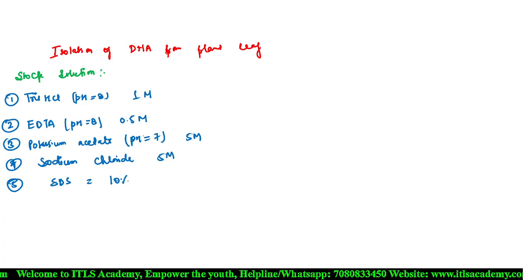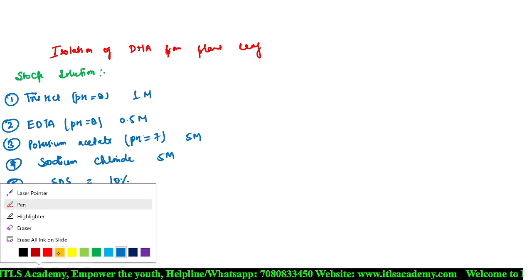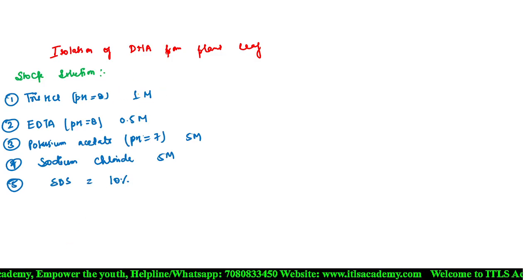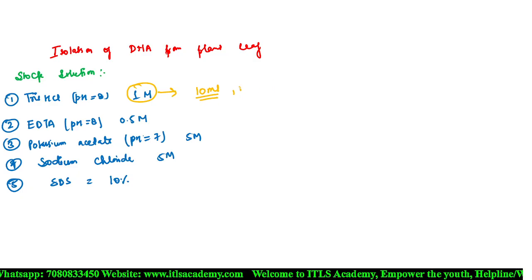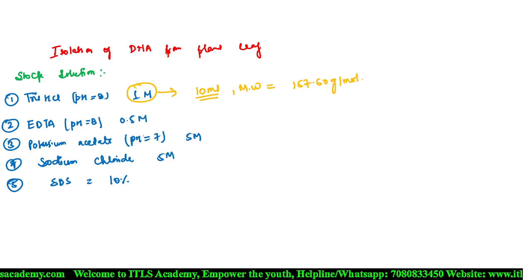Okay. Now, the first solution that you have to prepare is your Tris-HCl, 1 molar. You have to prepare Tris-HCl for 10 ml. And the molecular weight of the Tris-HCl is 157.60 grams per mole.